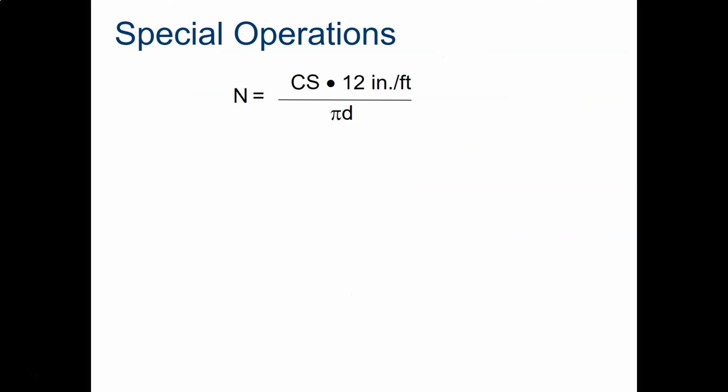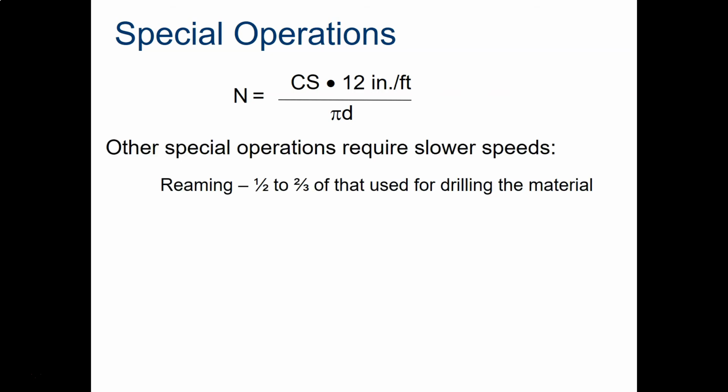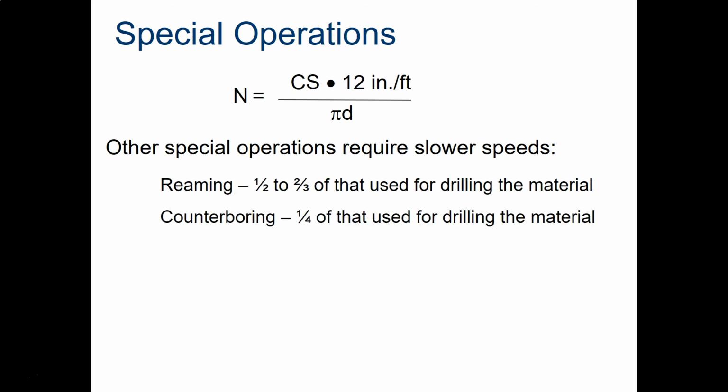As we wrap up, let's be reminded that there are some special operations. There are some circumstances that require speeds slower than the ones obtained from our basic formula. Let's read through them. Reaming, 1/2 to 2/3 of that we used for drilling the material.